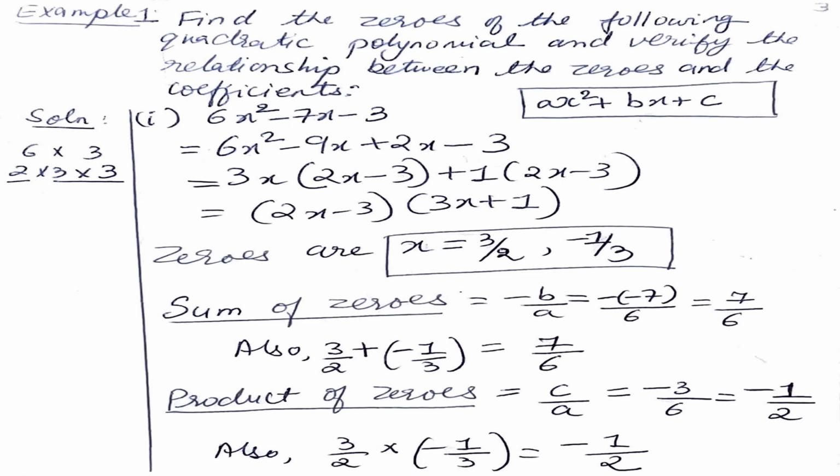Means we can say that the sum of roots is given by minus b by a. Similarly, product of roots is given by c by a, which is over here minus 3 by 6 or minus half. Again, the zeros or the roots which we have obtained are 3 by 2 and minus 1 by 3. When we multiply them, we again get minus half. So the product of zeros is always given by c by a.